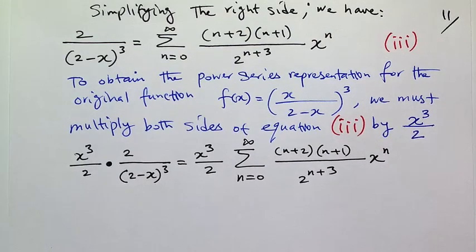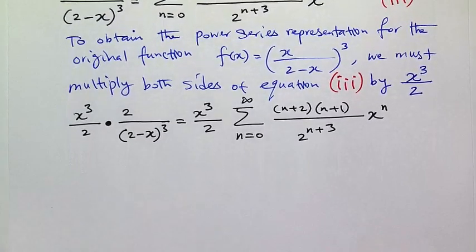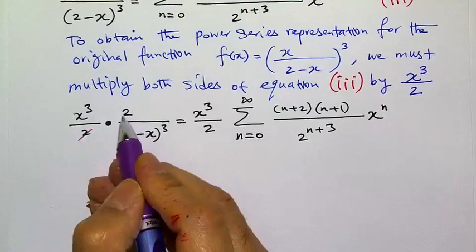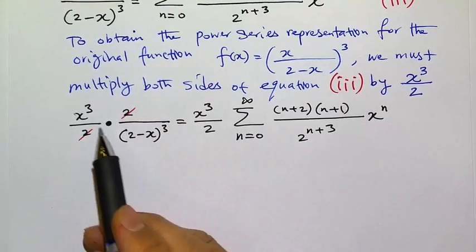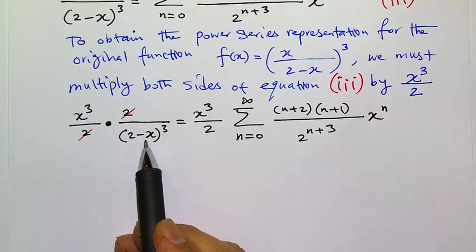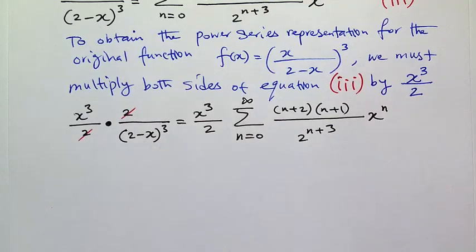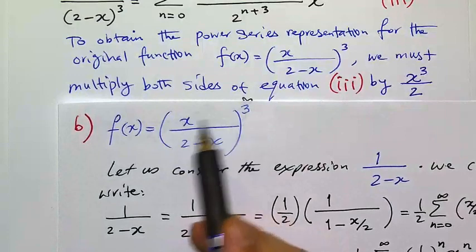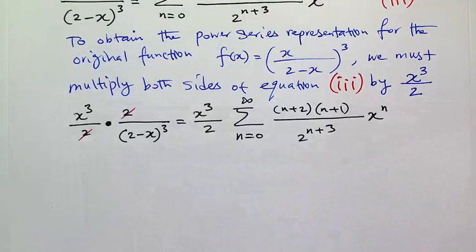Now this 2 and this 2 cancel out. x cubed over 2 minus x cubed is the same thing as that, right? If you distribute the power, we get what we have.